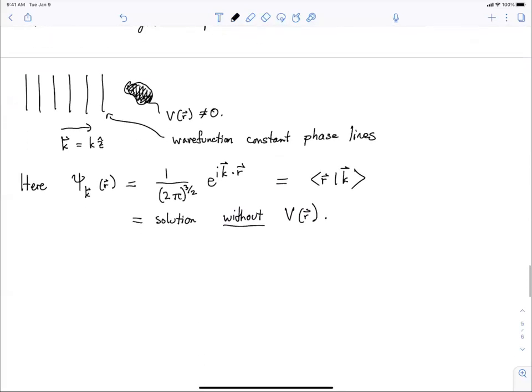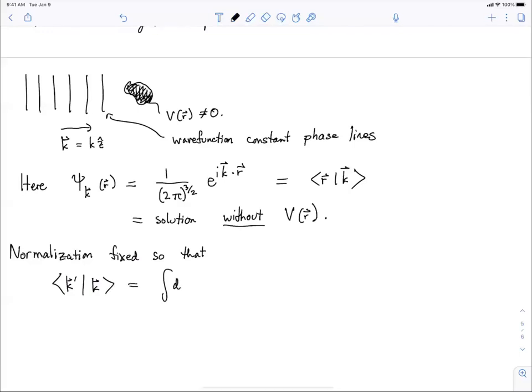But before doing that, I just want to say one thing about the normalization here. I didn't choose that normalization completely at random. The normalization is supposed to be fixed so that if I do the inner product of two different waves like that, if you go back to how we defined the delta function, it had the 1 over 2 pi cubed in it.